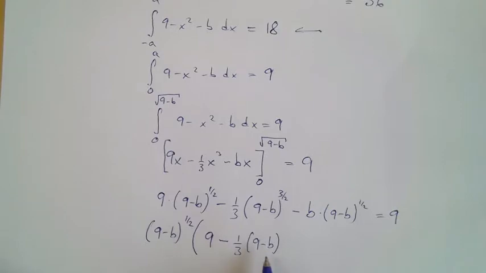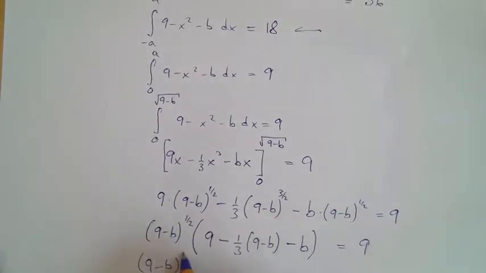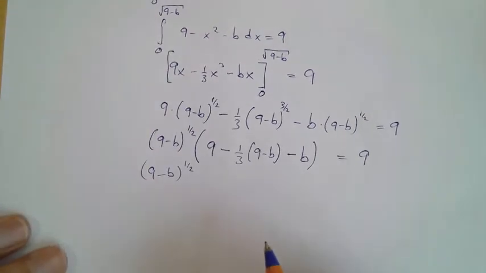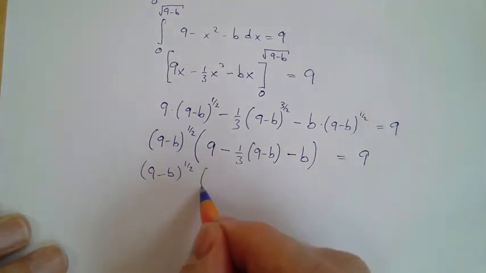If I extract 1/2 from the exponent, I still have 1 left. And finally here minus b equals 9. 9 minus b to the power of 1/2. This is all technical stuff. This is part of why this exercise is difficult, because there's so much to do.